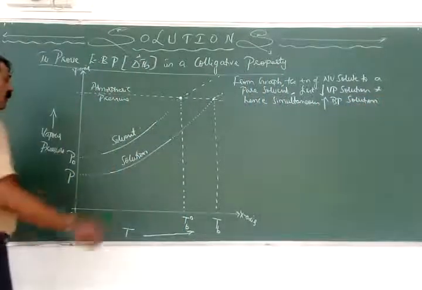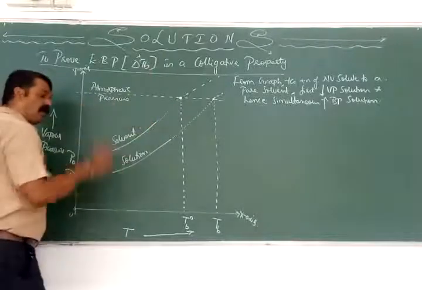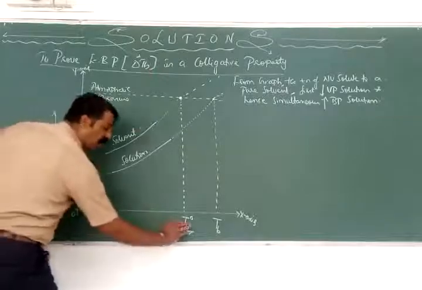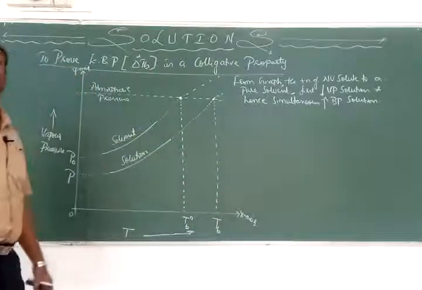We know that addition of a non-volatile solute to a pure solvent first decreases the vapor pressure of the solution and simultaneously increases the boiling point of the solution.